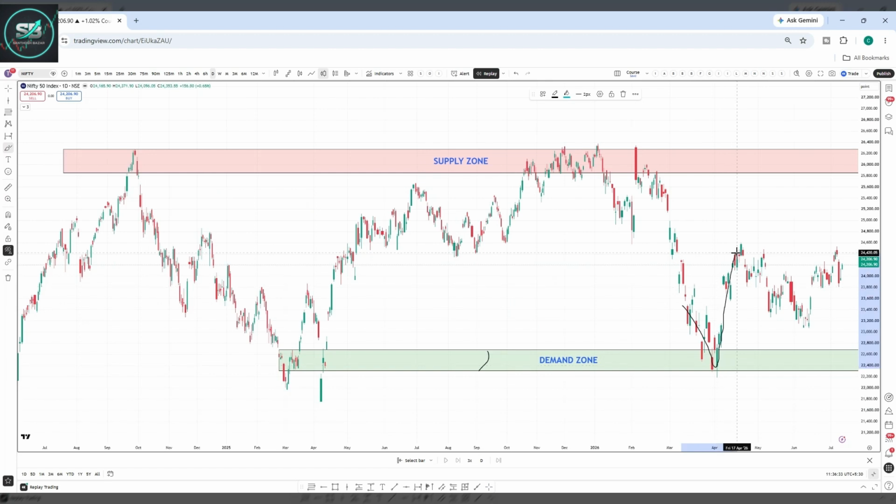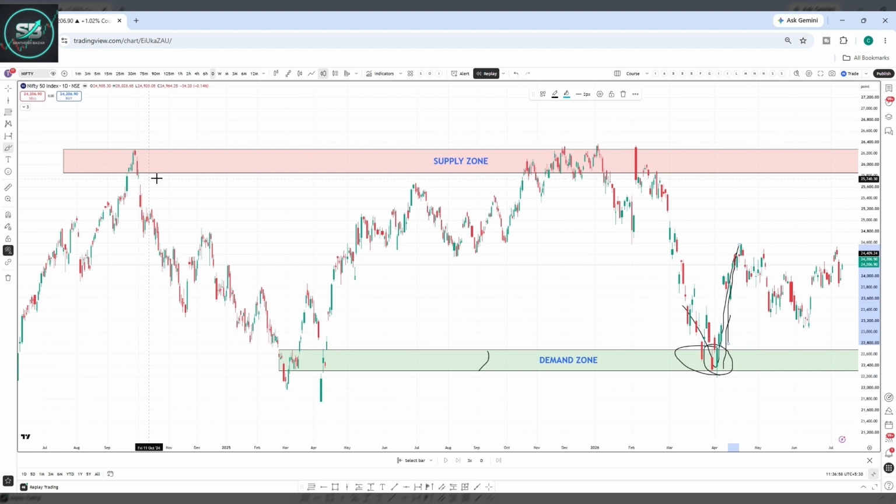This is where institutions accumulate their positions. When price comes back to these demand zones, this is where you see big candles form. If you see here, a very big green candle followed by a straight vertical rally upside. So this is how a demand zone works.